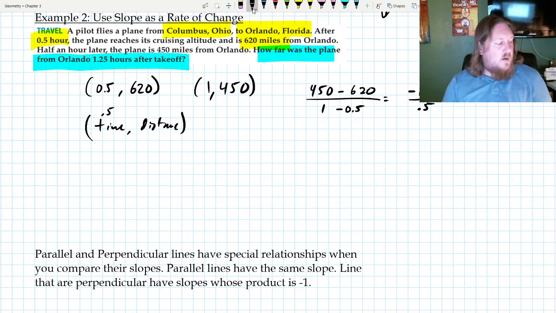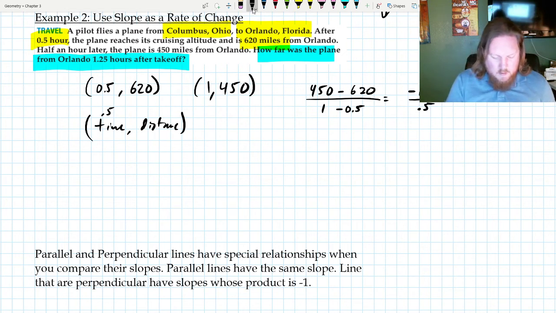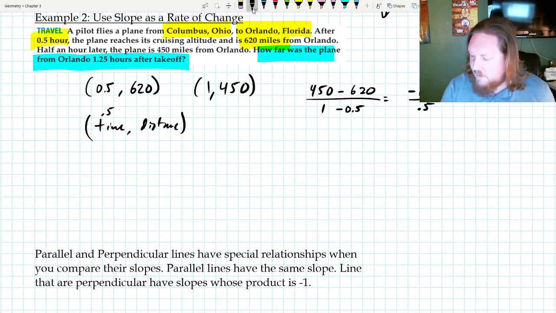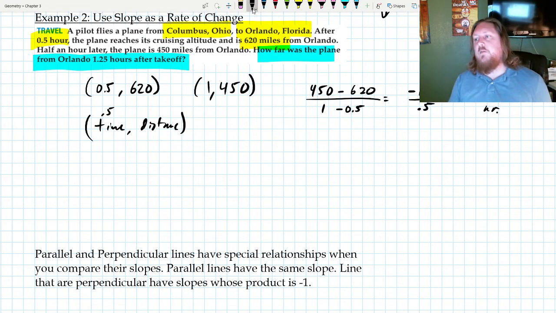So if I were to have a rate of change here, 170 divided by 0.5, it's the same as multiplying by 2. I don't know why I'm doing it on my calculator. It's going to be negative 340 miles for every hour that it takes off.